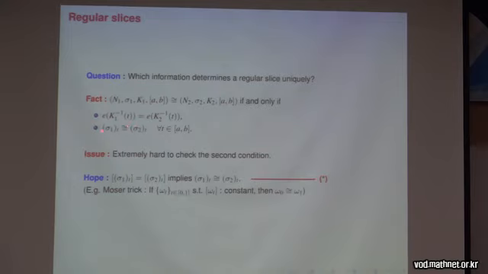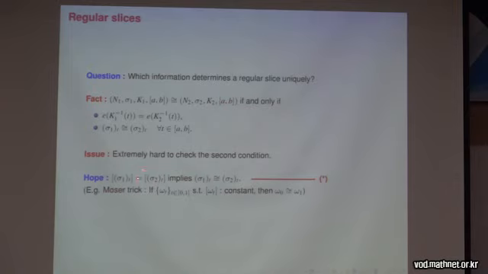But the problem is it is very difficult to check whether two symplectic forms are equivalent or not, because we should find certain symplectomorphism. So our hope is something like this. Comparing the cohomology classes is much easier.